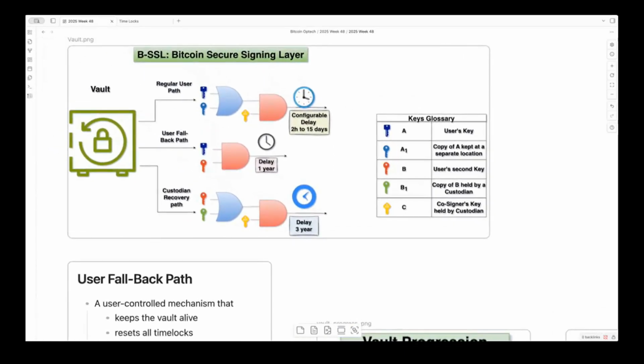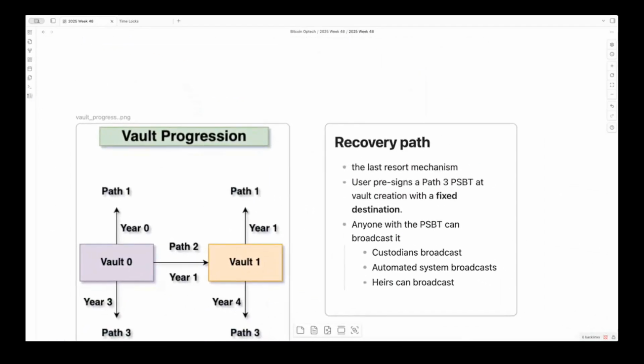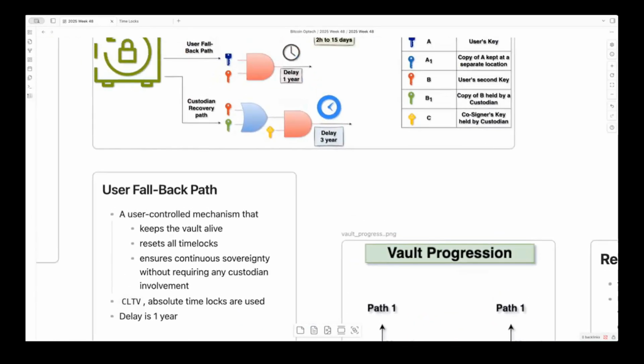And once there is no activity from the user's end till year 3, and the custodians realize that it's their responsibility to move the funds from the vault, then custodian 1 and custodian 2 can broadcast this PSBT and move the funds either to a new vault or out of the vault. So this is the third or recovery path that has been proposed.